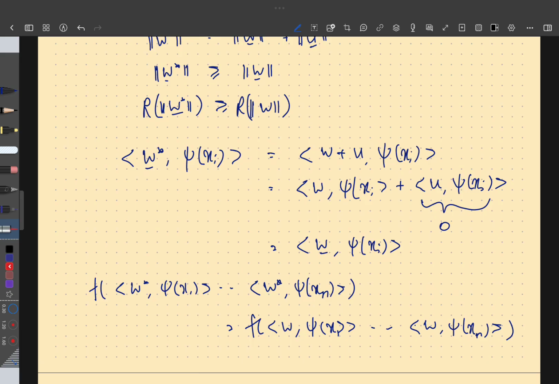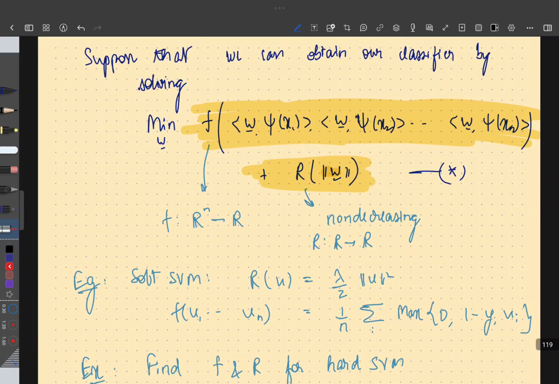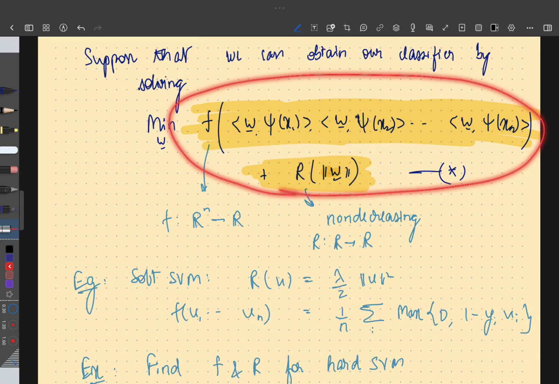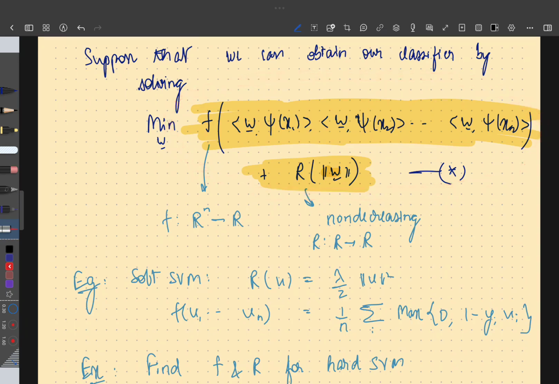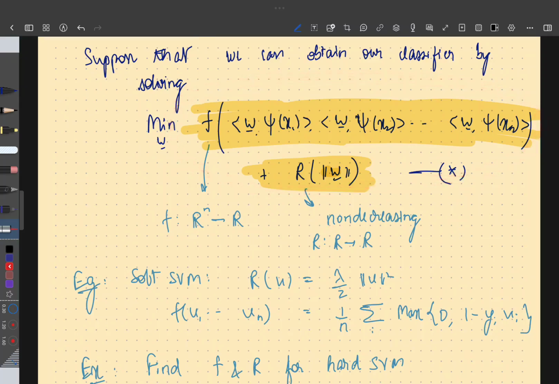So what we've basically shown is that if W star is any vector that minimizes this particular objective function, then there is a W which lies in the span of psi of x1 through psi of xn, which achieves an objective that is less than or equal to that achieved by W star.